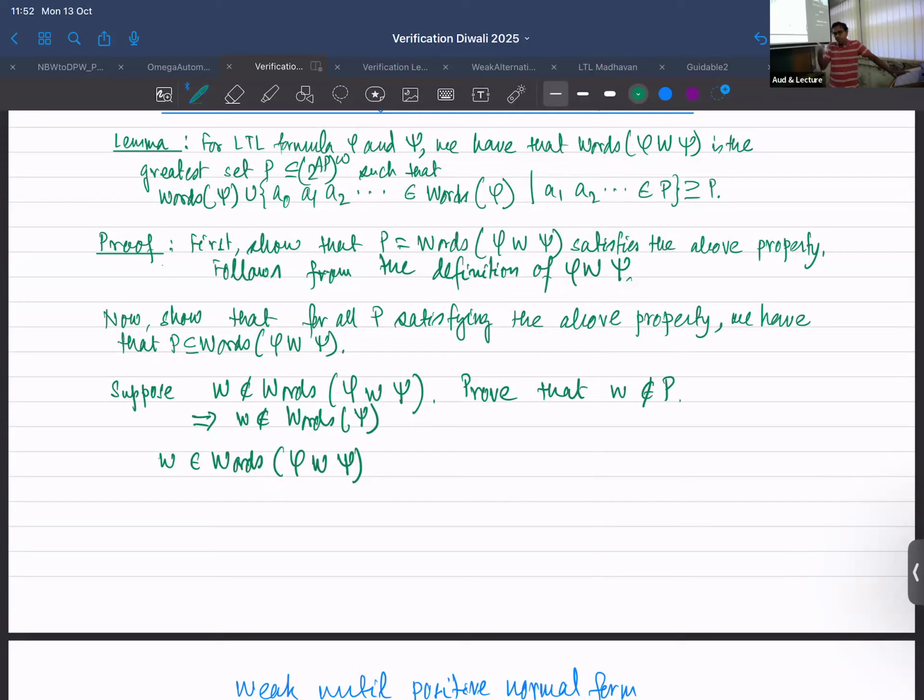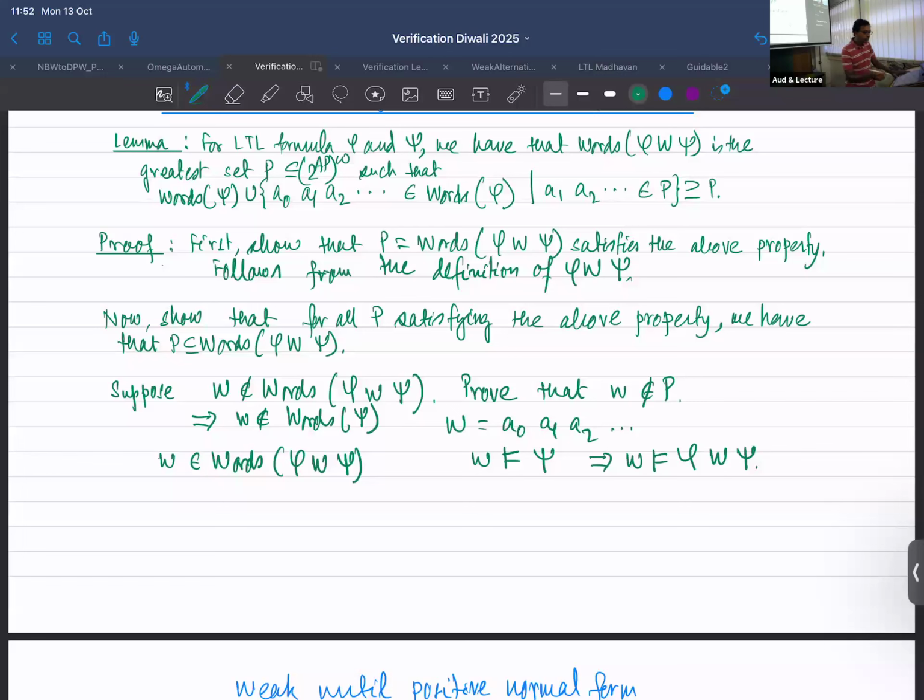starting from the beginning, how does w look? w is of the form a0, a1, a2, etc. If w satisfies psi already, then it implies w also satisfies phi weak until psi. Correct? That is true.